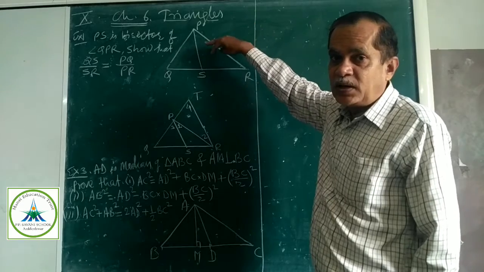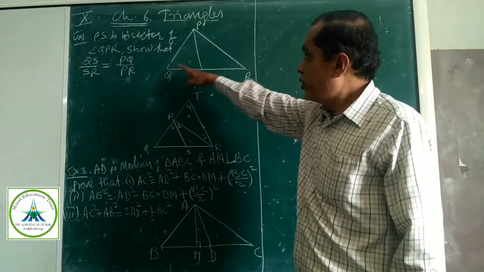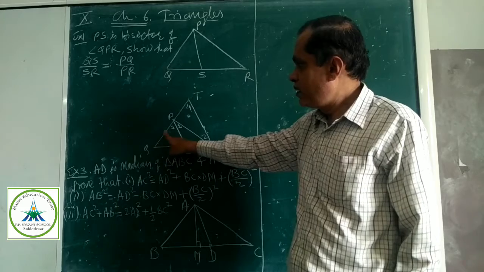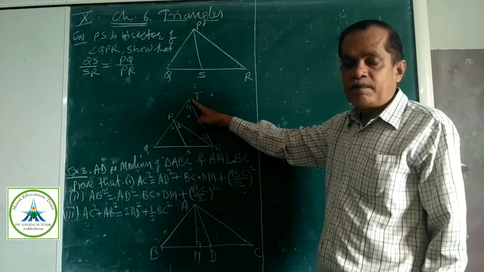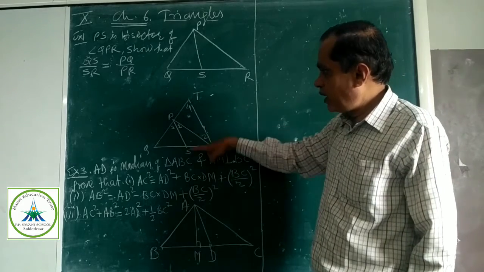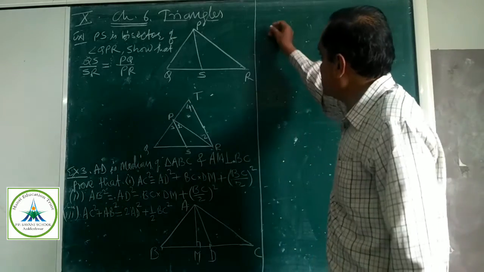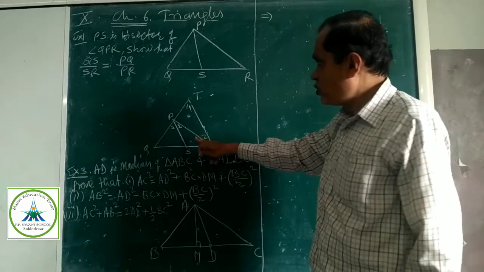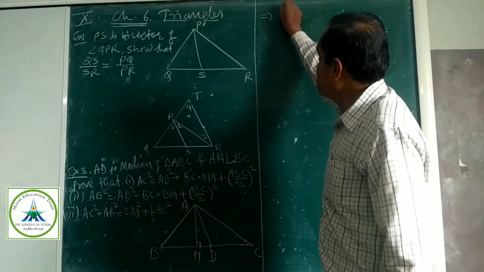Now, in this example, some construction is there. If we produce QP to T so that RT is parallel to PS, right? So we are going to draw this diagram. Writing now, construction.